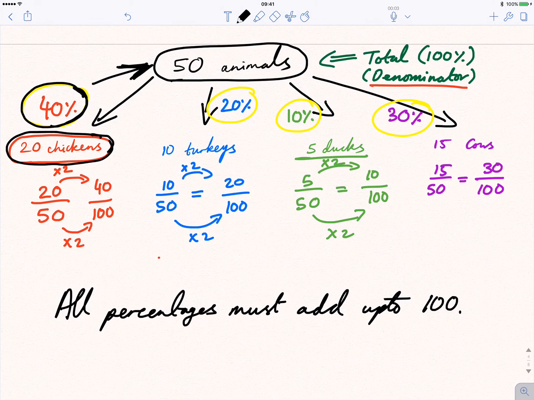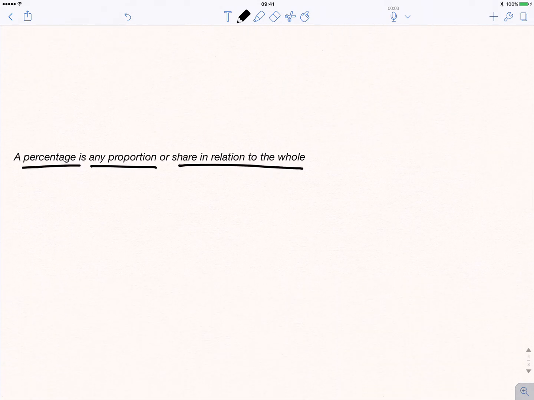So 40%, in other words, 40% of 50 is 20. 20% of 50 is 10. 10% of 50 is 5. And 30% of 50 is 15. That is what we mean when we say a percentage is any proportion or share in relation to the whole.